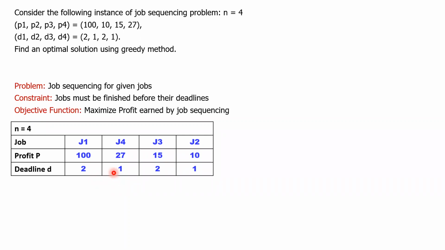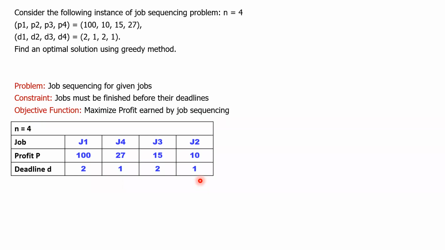For job 4, it is 1. Job 3, it is 2. For job 2, it is 1. So I have the deadlines as 2, 1, 2, 1. So there is job 2 and another job 4. Both have to be finished within the first time unit, which is not possible. I cannot complete 2 jobs in a single time unit because you have to remember the constraints. I have only one machine available for execution.